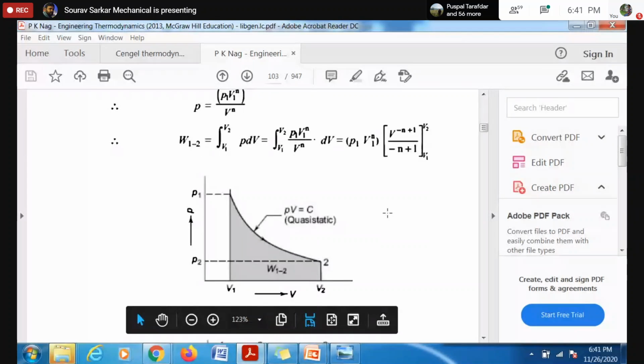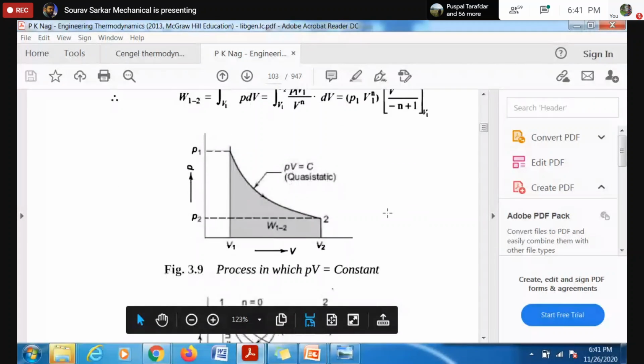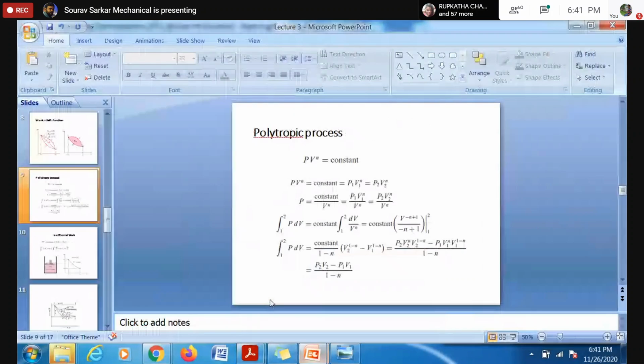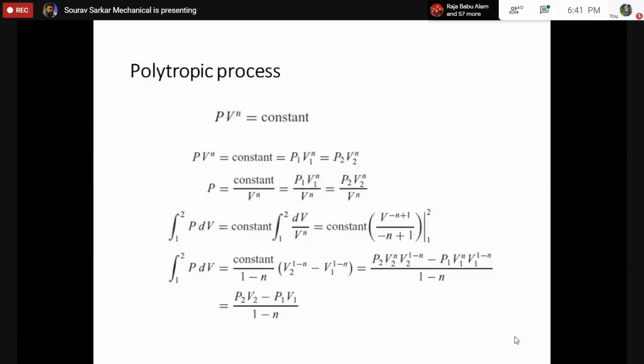This is for a polytropic process, which is basically the general expression of work. If I simplify this term, you please do it at home, finally it will come as P2 V2 minus P1 V1 by 1 minus n. That will be the expression of work done for polytropic process where n is not equal to 1.